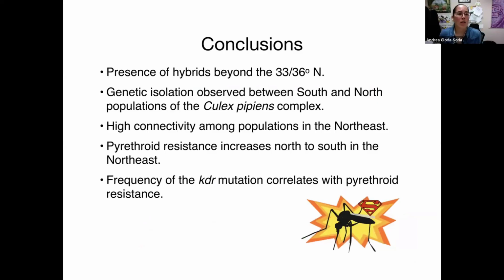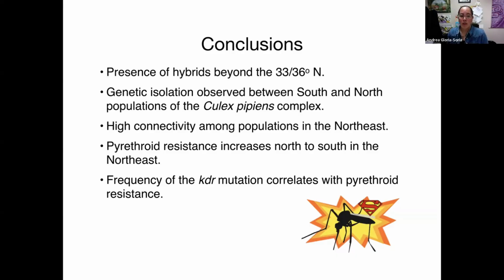And so in conclusion, I want to highlight that we reported the presence of hybrids well beyond the 33-36 latitude north, and that we do see genetic isolation between the north and south populations of the complex, so the Quinquefasciatus and pipiens groups. However, where they overlap, hybridization is possible, and there is high connectivity among the populations in the northeast.